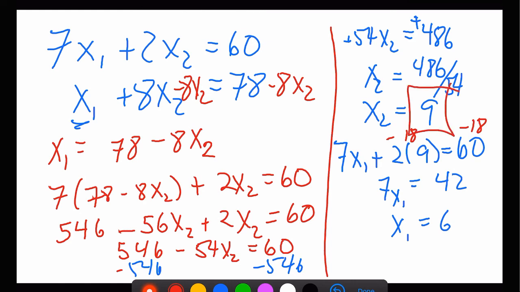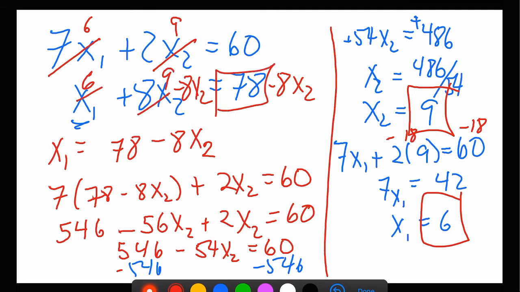So 9 and 6. And again, how do we test it? Well, 6 goes in there, 9 goes in there, right? That's 42 and 18 is 60. 6 goes in here, 9 goes in there. That's 72 plus 6 is 78. And voila, it works. Yes? Okay.